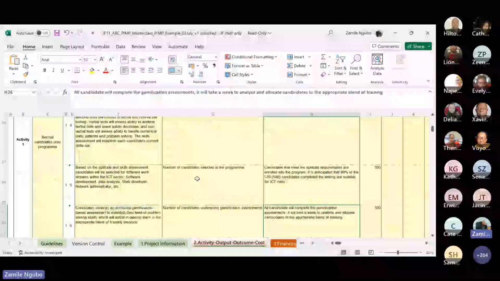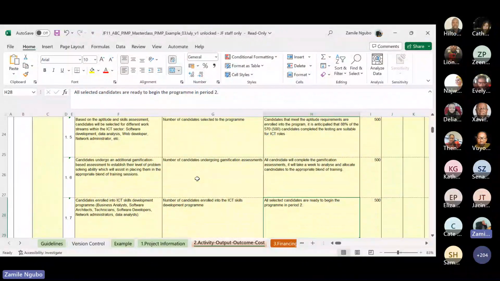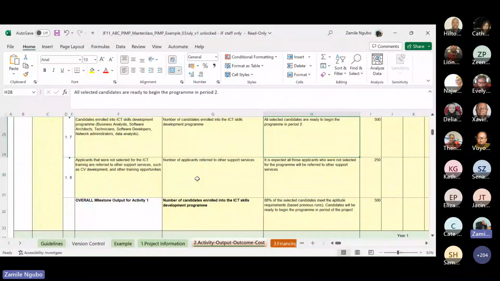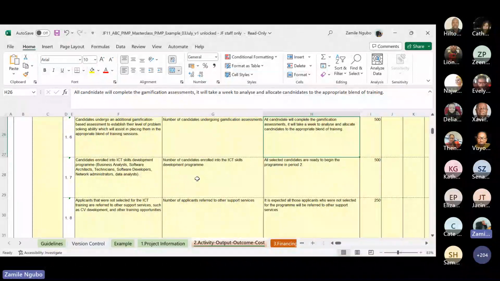So, as I was saying earlier, when we put assumptions, it assists us to understand what must happen before you can realize a certain output. It is important that we describe those, because we need to understand what conditions must exist for something to be realized.